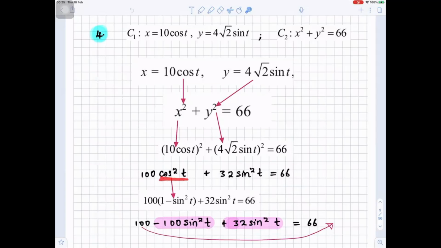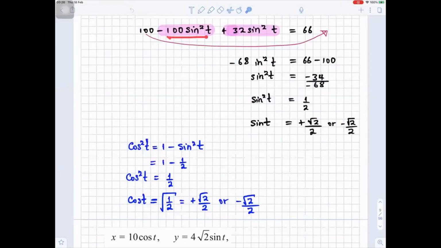We replace cos squared t with 1 minus sine squared t. And then after that, we remove the bracket. 100 times 1 gives you 100. 100 times sine squared t is minus 100 sine squared t, plus 32 sine squared t equals 66. We would add minus 100 sine squared t plus 32 sine squared t, and we would take 100 to the right hand side. It becomes minus 100.